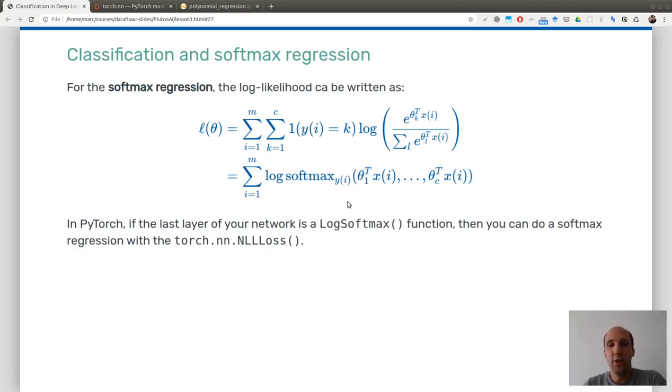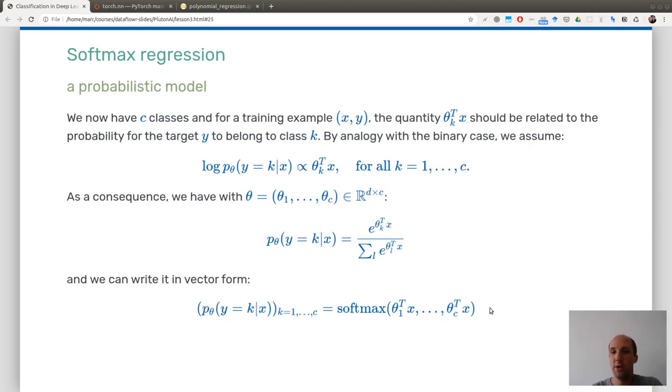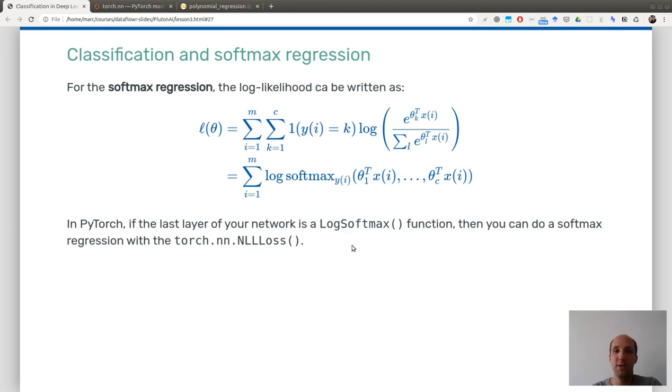So you can code this in PyTorch very easily. The first thing you do is take a log softmax function at the end of your network. This will give you the log of this quantity, component-wise. And then, to compute the loss given by this, you can use what is called the NLL loss.